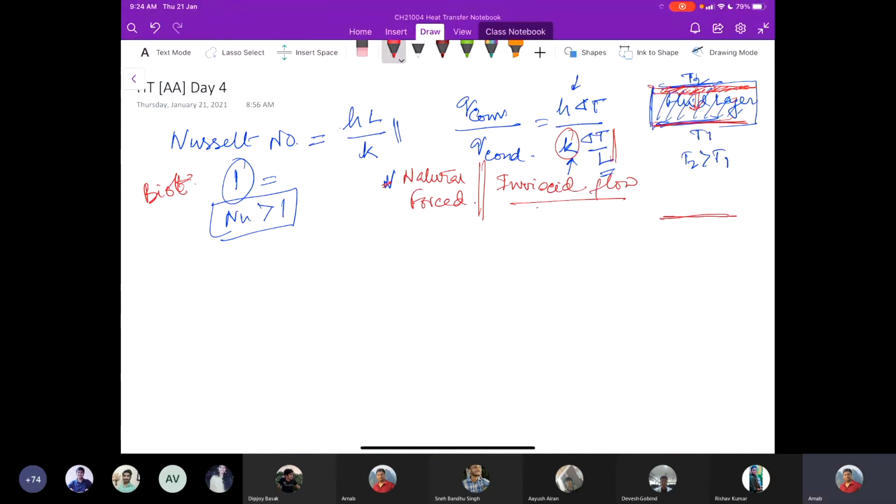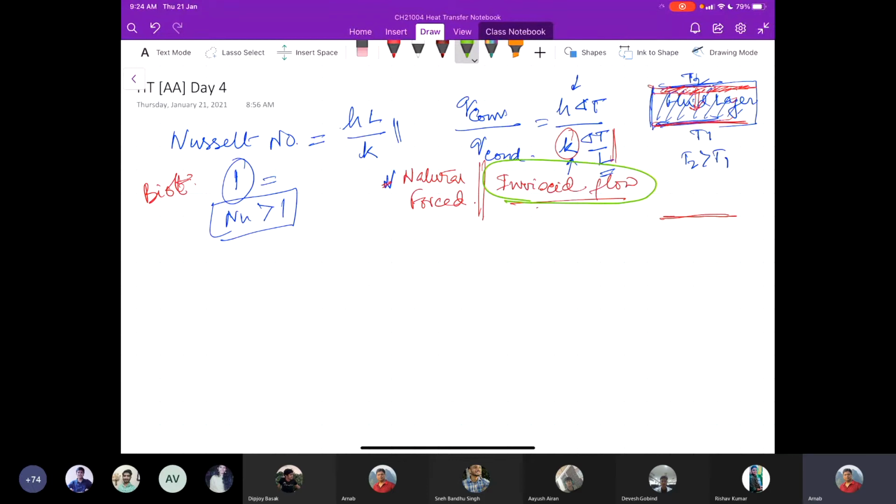Okay. So coming back to this, does anybody remember what is meant by inviscid flow? Fluid with zero viscosity. Now, fluid with zero viscosity never happens, right?